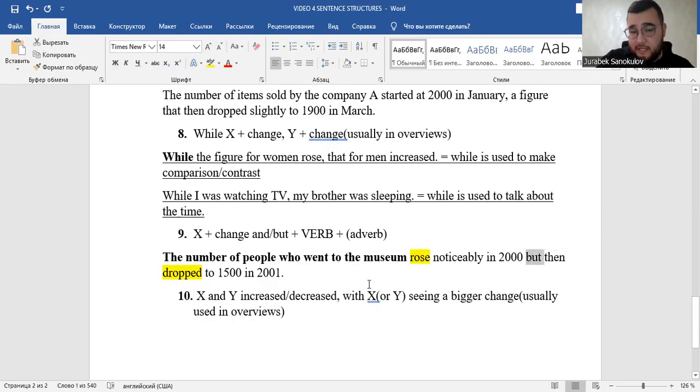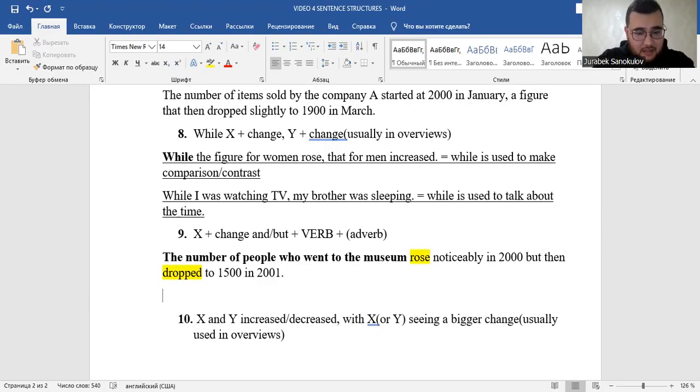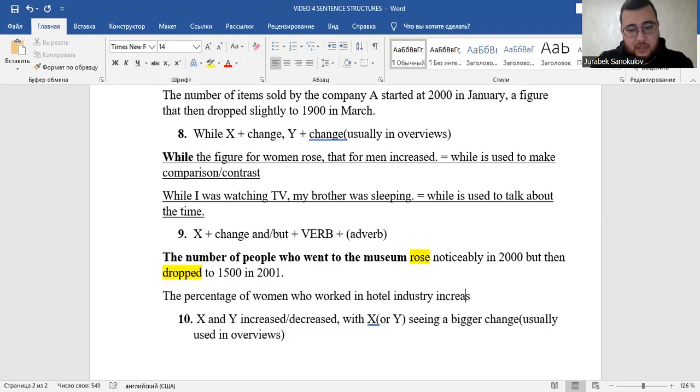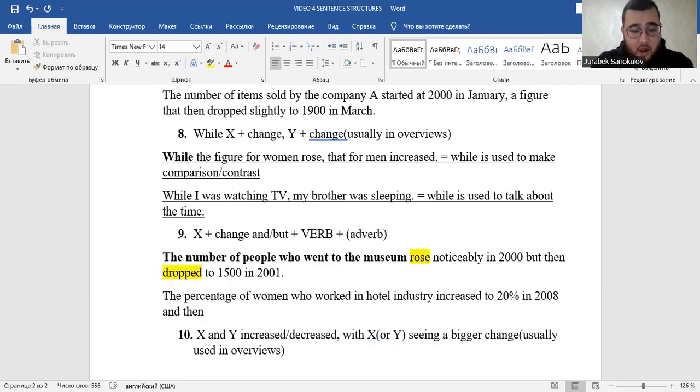So here I used but, now let's use and. Let's just say the percentage of women who worked in the hotel industry rose, or let's just say increased, to 20% in 2008, and then rose to 23% in 2009.